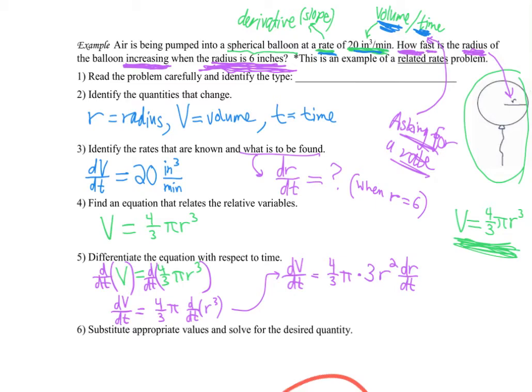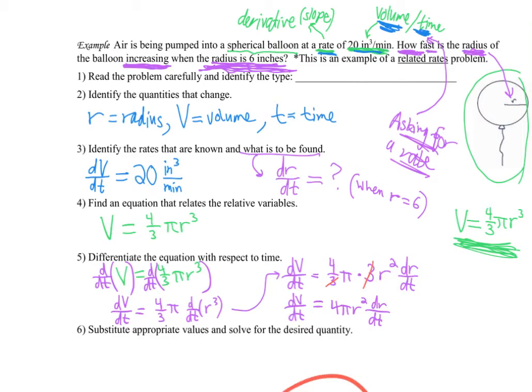All right, so what do we have left now? We have a 3 on the top and a 3 on the bottom, so those are eliminated, and then we have dV/dt equals 4 pi r squared dr/dt.